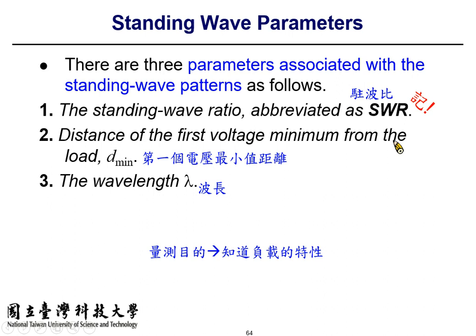And the first voltage minimum, where does the voltage minimum take place? The voltage minimum takes place at this point, right? So what is the implication of the distance of the first voltage minimum? That is the distance required to move this point all the way to this point. So this point is the voltage at the load.